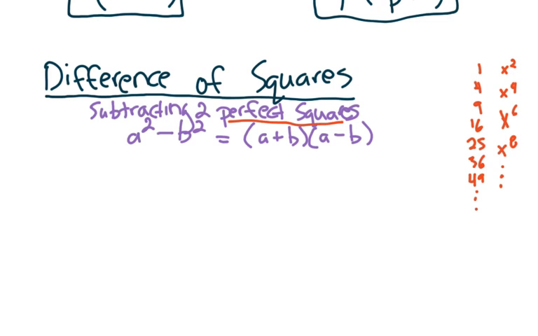All right, so let's try a couple of these. So number 3, let's do 25x squared minus 36.